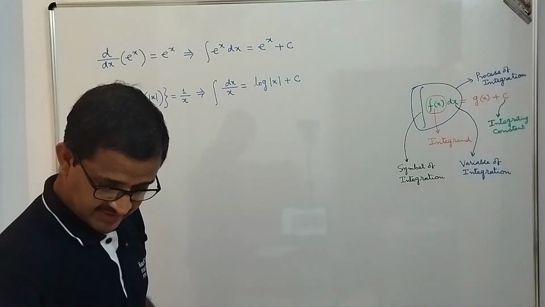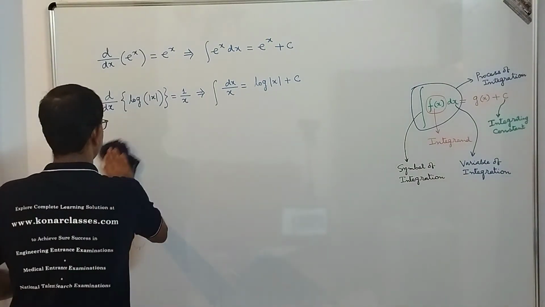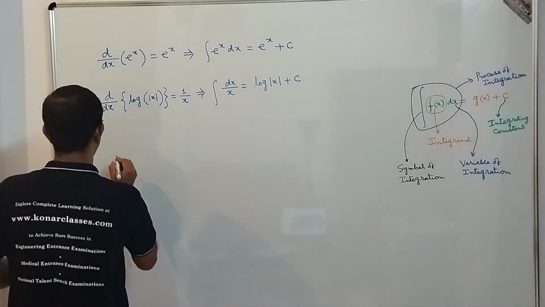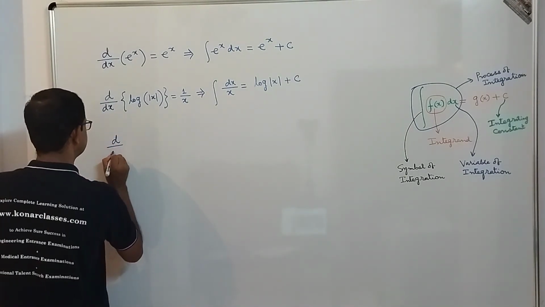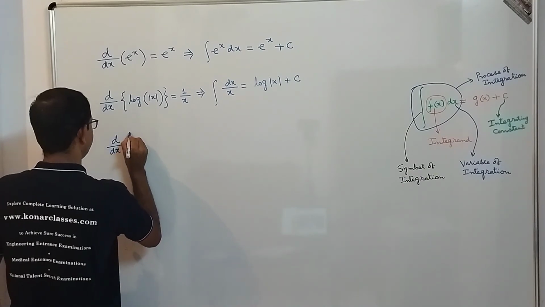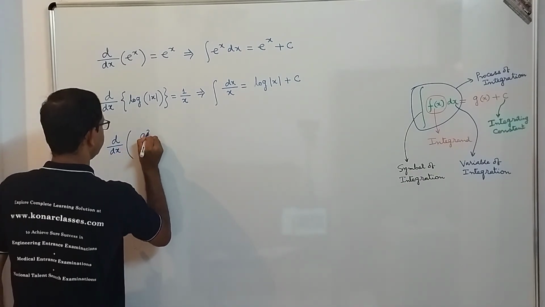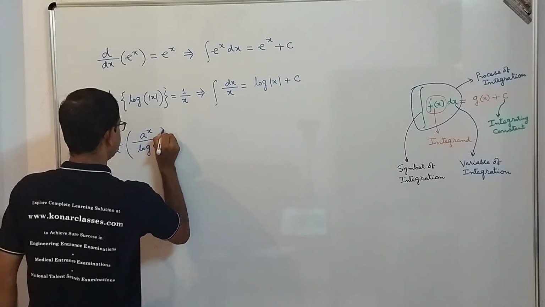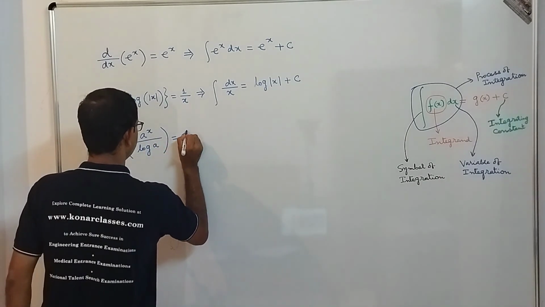Correct? The next formula is that d/dx of a to the power x divided by log a is equal to a to the power x.